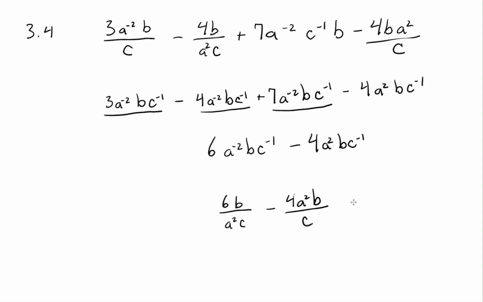And that's our final answer. And if you got here, then you can get here. So when we write our exponents positive, we just flip it to the bottom. That's what that is.